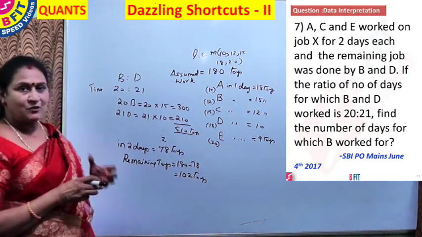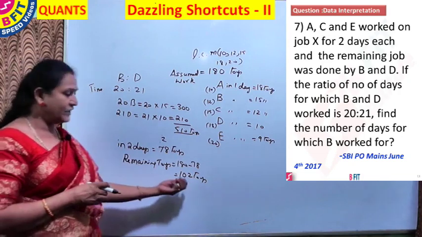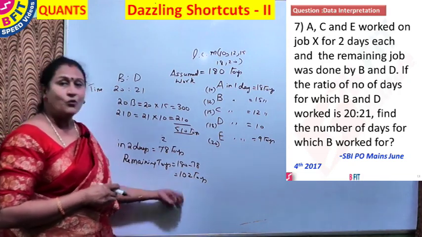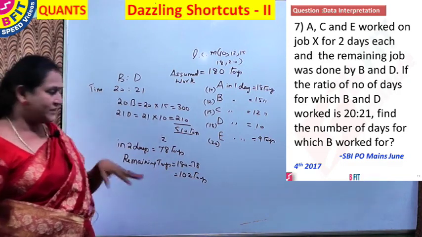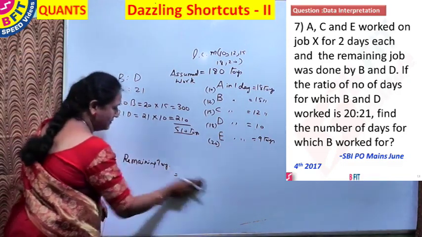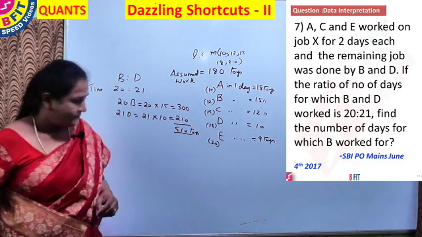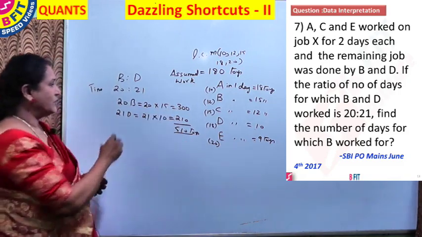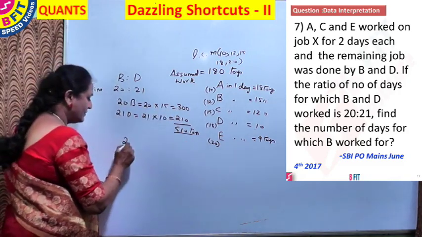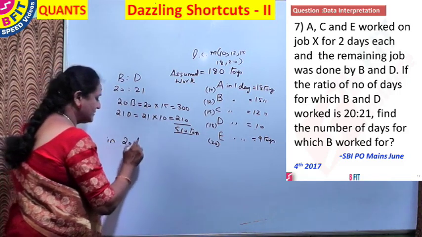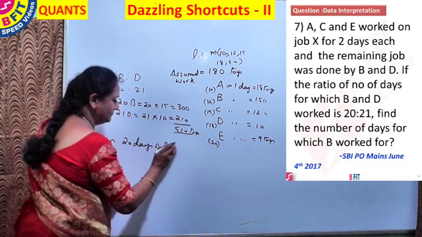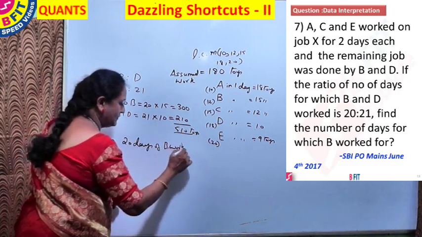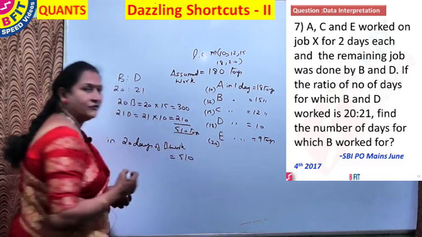But what is the amount of toys which they have done? We need only the time taken for 102 toys. Now as time and work vary proportionally, I'll work out for B. In 20 days of B's work, how many toys have they made? 510.